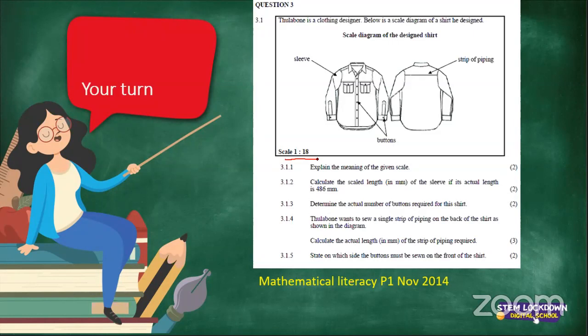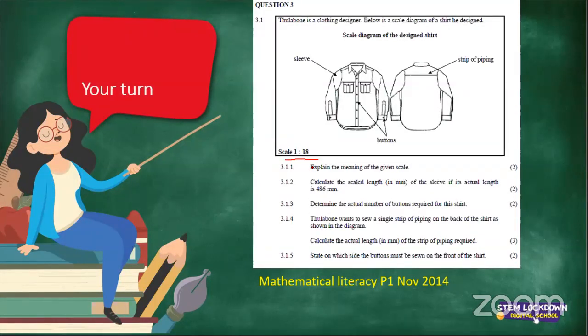Quickly, learners, please write your answers on the chat. I'll give you a minute or so to give me the answer. What does 1:18 mean?